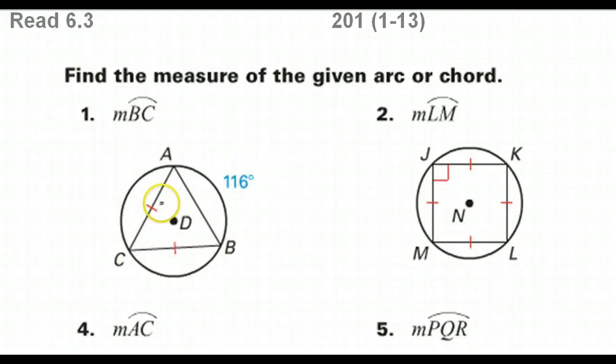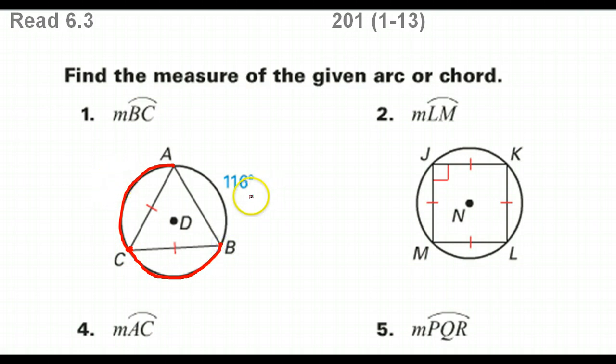One of the properties of a chord is if the chords are congruent, then the arcs that they intercept are also congruent. So because AC is congruent to CB, those chords, that means that arc AC is also congruent to arc CB.